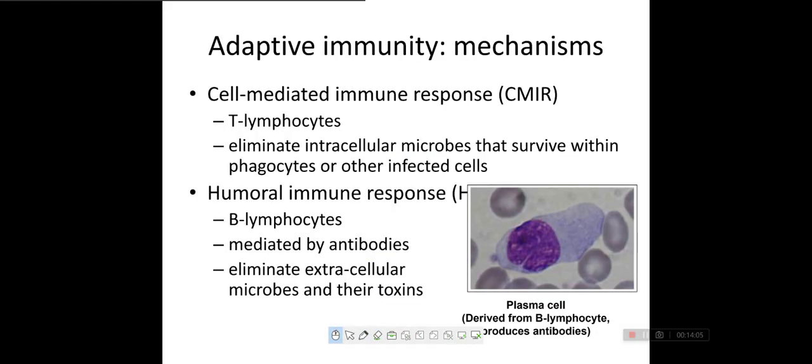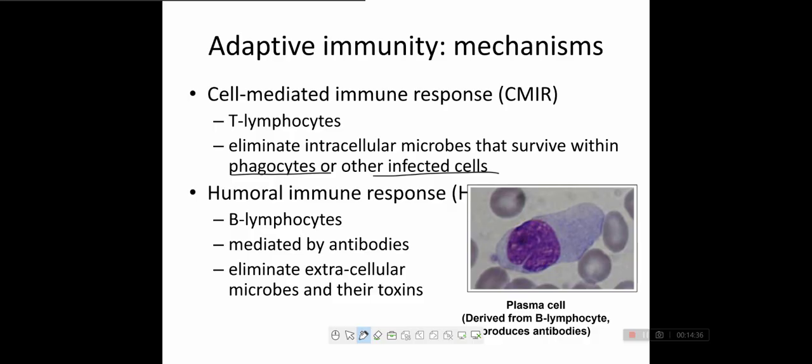Adaptive immunity mechanism. First is the cell-mediated immune response, that is T lymphocytes, which eliminate intracellular microbes that survive within phagocytes or other infected cells. The next one is the humoral immune response. B lymphocytes, mediated by antibody, eliminate extracellular microbes and their toxins.